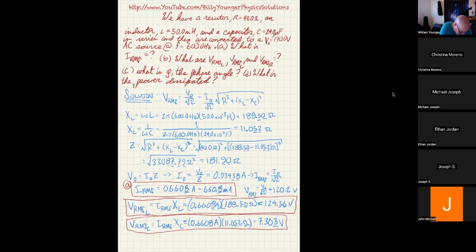But now I'm going to calculate VRMS for the resistor. So VRMS resistor is equal to IRMS times R, which equals 0.6608 amps times, now the resistor was 40, so this would be 40.0 ohms.